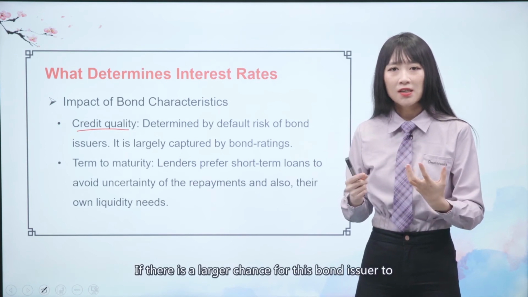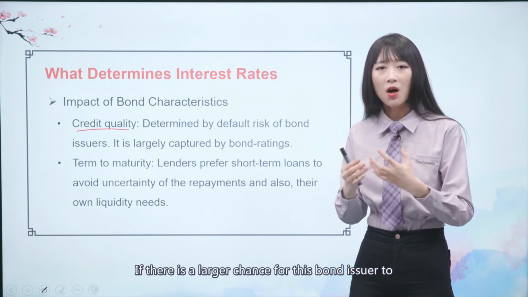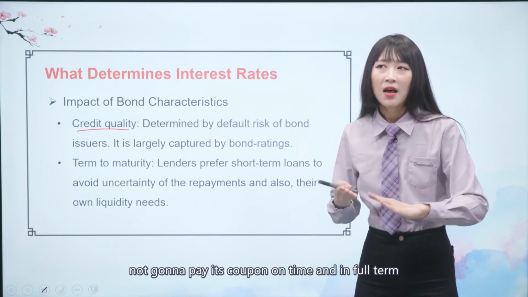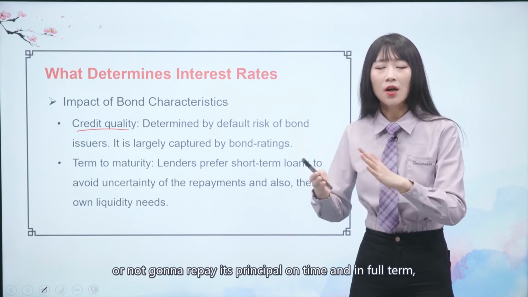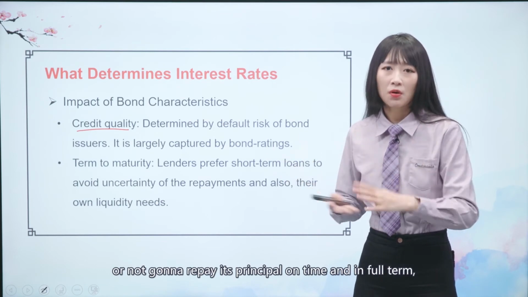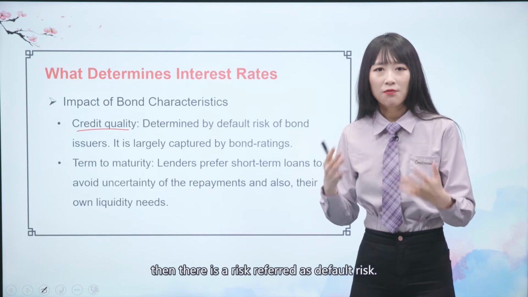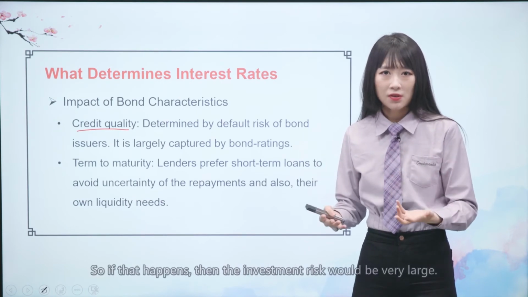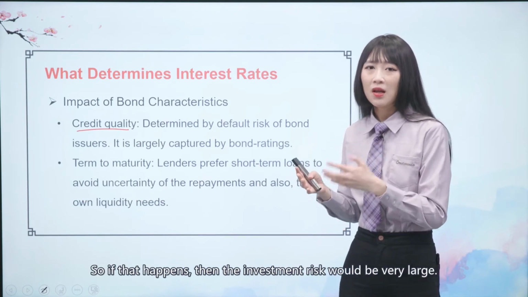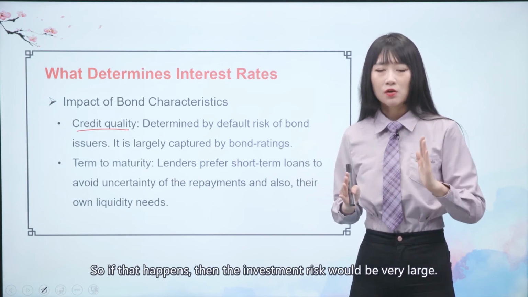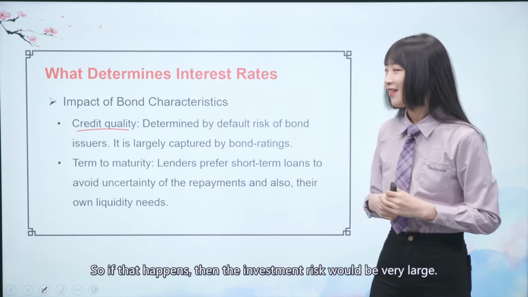If there is a larger chance for this bond issuer to not pay its coupon on time and in full, or not repay its principal on time and in full, then there is a risk referred to as default risk. If that happens, then the investment risk just soars through the floor.